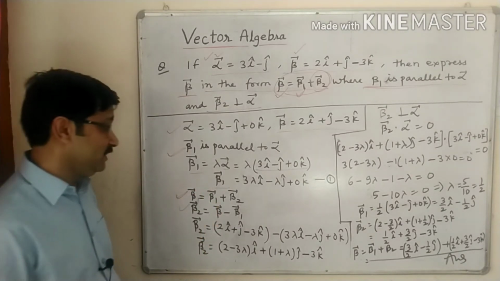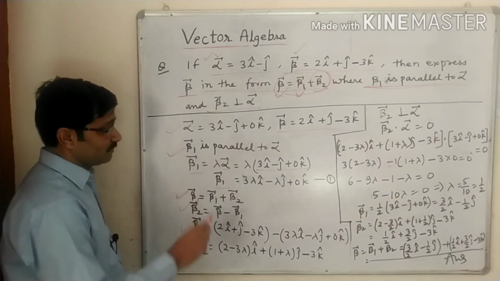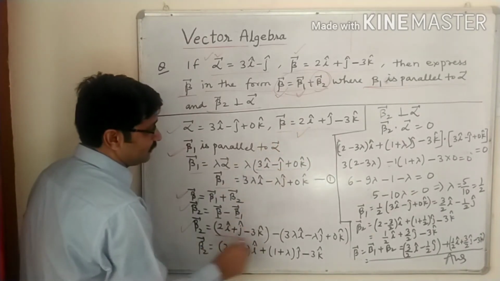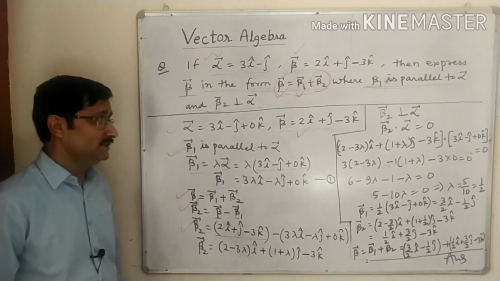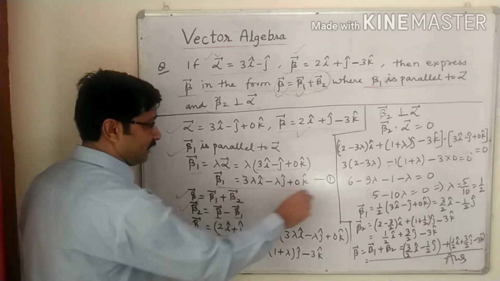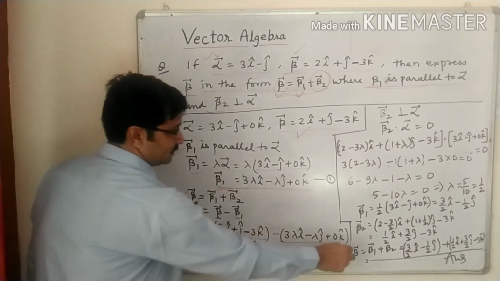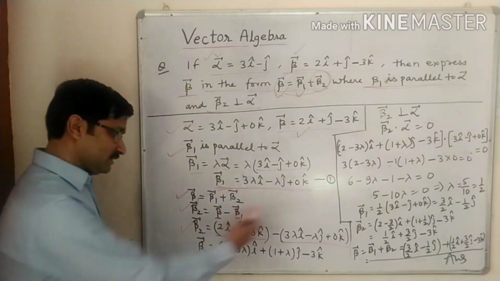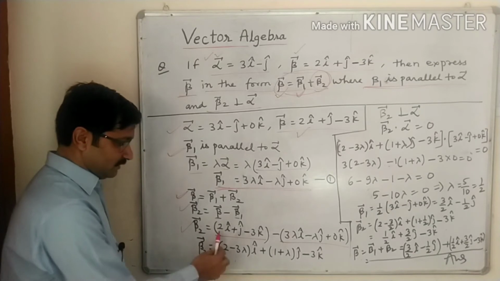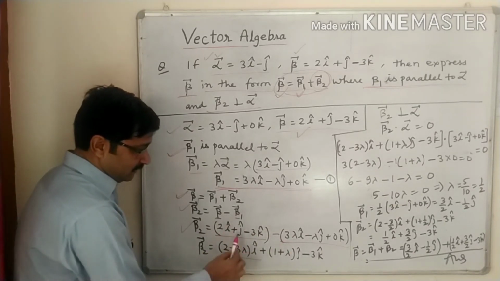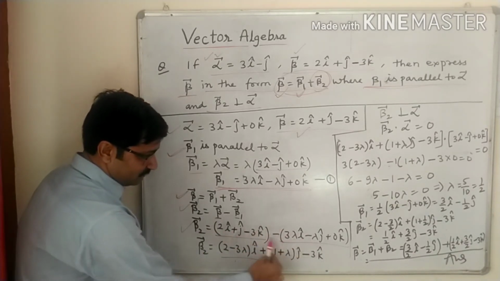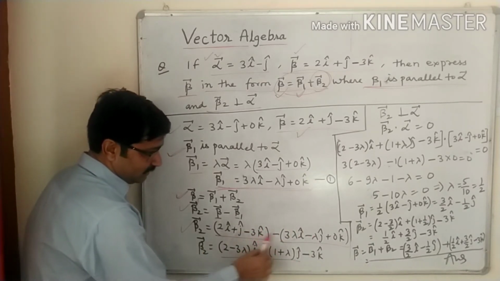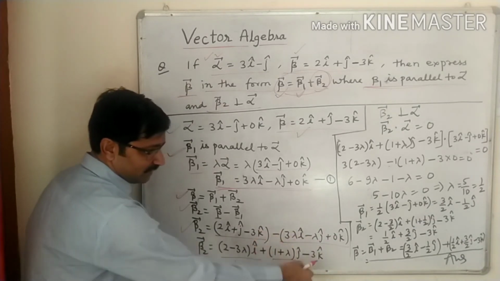You put beta as 2i plus j minus 3k, and beta 1 we already found as 3 lambda i minus lambda j plus 0k. You subtract: the i coefficient is 2 minus 3 lambda, the j coefficient is 1 plus lambda, since minus minus becomes plus, and minus 3k, since the other is 0.